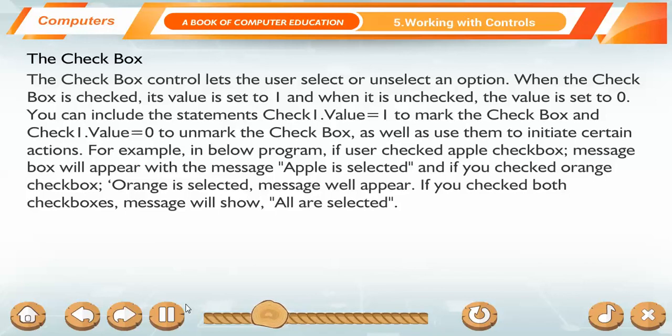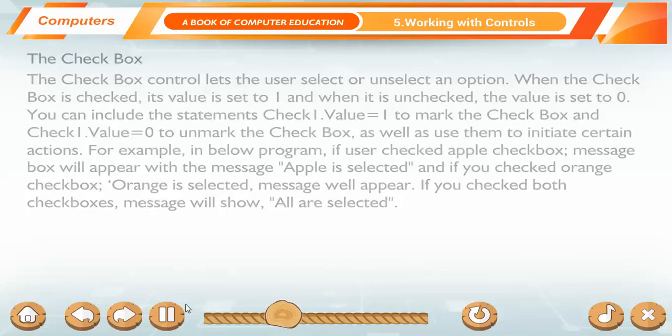For example, in the program below, if the user checks the Apple checkbox, a message box will appear with the message "Apple is selected". And if you check the Orange checkbox, the message "Orange is selected" will appear. If you check both checkboxes, the message will show "All are selected".